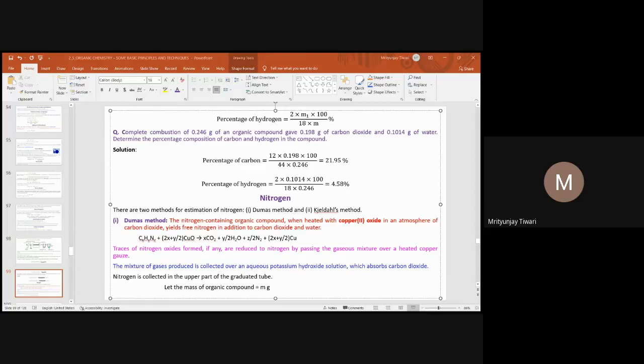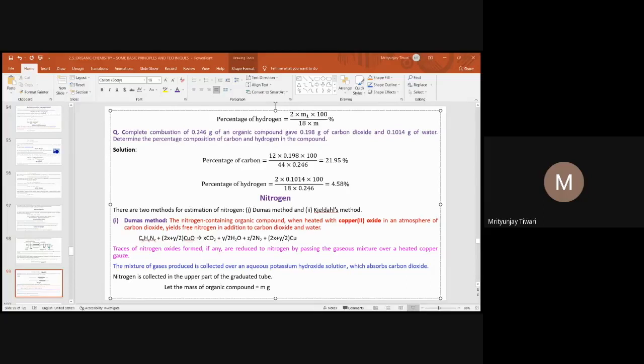So the percentage of carbon, using this formula, you can easily calculate. Here M is the mass of the organic compound and M2 is the mass of carbon dioxide. Please remember that M2 is the mass of carbon dioxide, and in this formula M1 is the mass of water that is produced. The carbon dioxide produced is 0.198 gram. So 12 into 0.198 into 100, divided by 44 into M, where M is the mass of the organic compound.